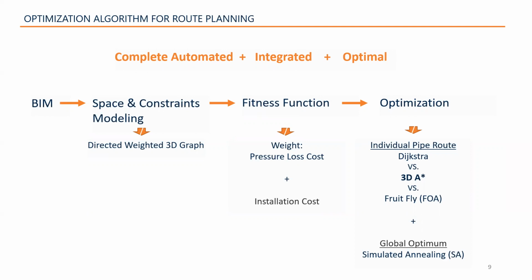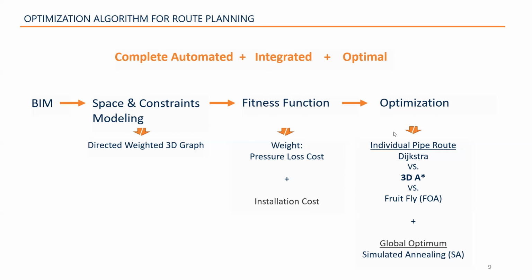Algorithms are derived based on a directed weighted 3D graph. The weight of the path is considered to be the regular pressure loss costs along the PEP and the installation costs of the system. Clashes between PEP and the building components are considered and avoided in the layout optimization.